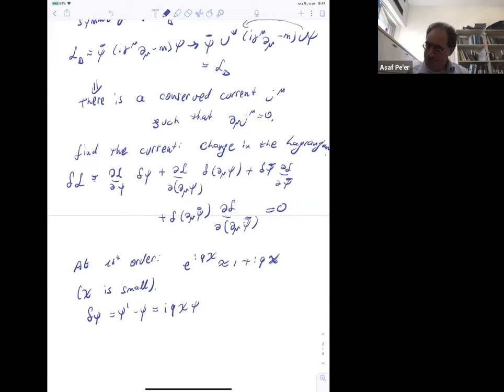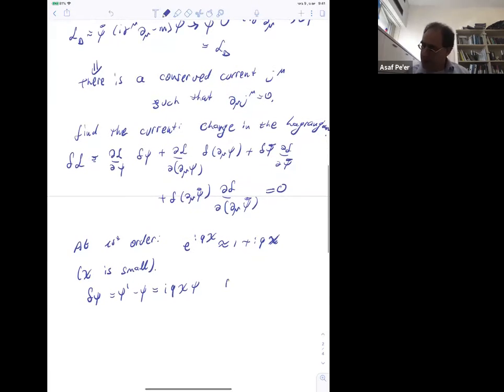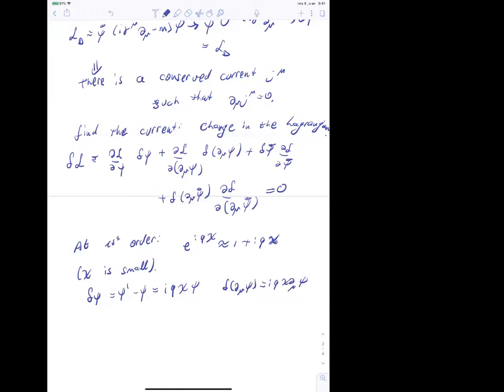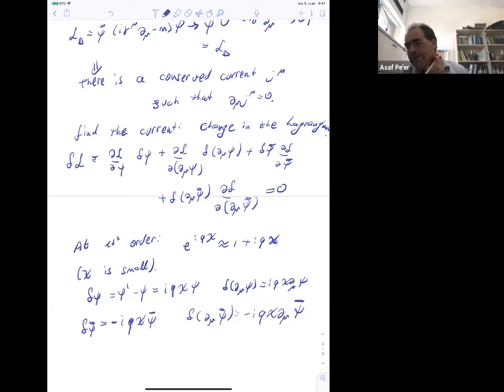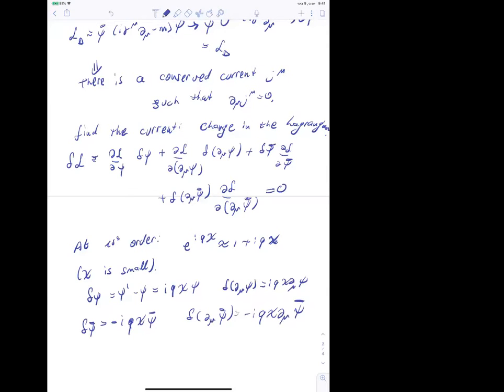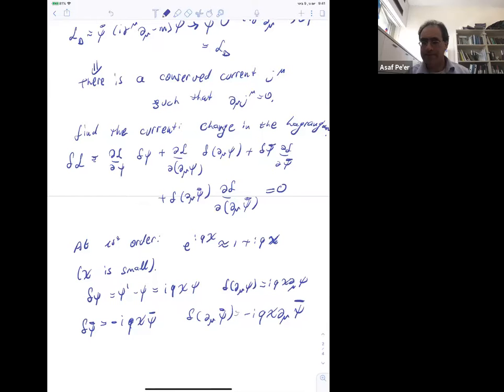And delta of d mu psi is i q chi d mu psi. Similarly, delta psi bar is minus i q chi psi bar, and delta d mu psi bar is minus i q chi d mu psi bar.